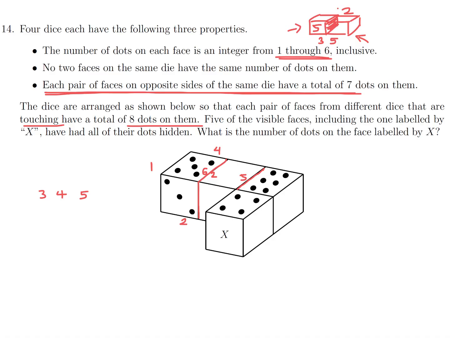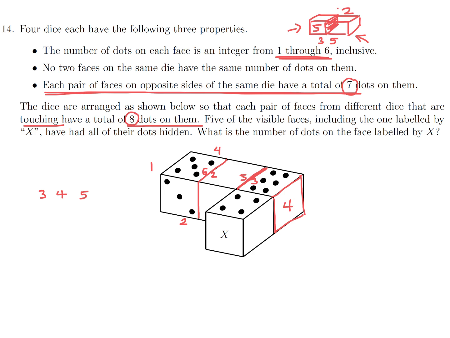Then that means that this guy, if you look at that side, which I cannot show you, not the top. The top is 6, but I'm talking about the other side on the other dice. Since those opposite faces have to add up to 7, that has to be a 3. Got it? And then this face right here, that and the 3 have to add up to 7, so that has to be a 4.